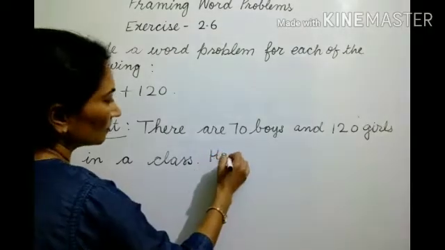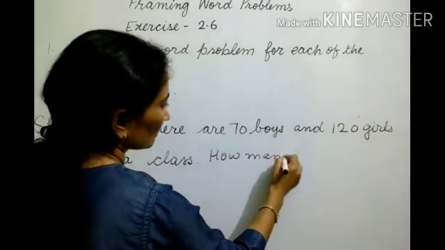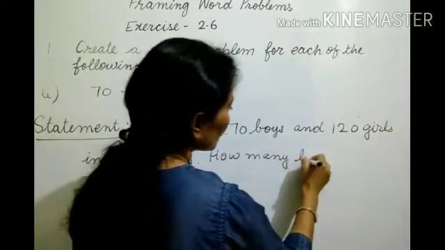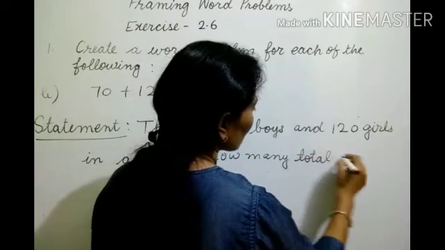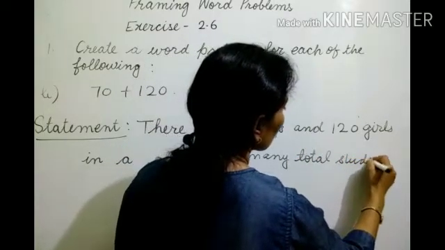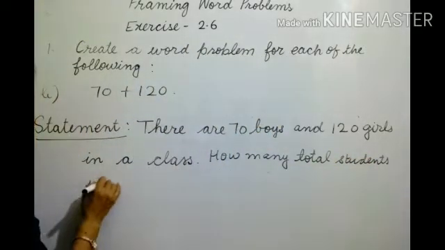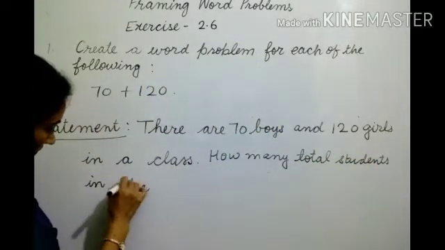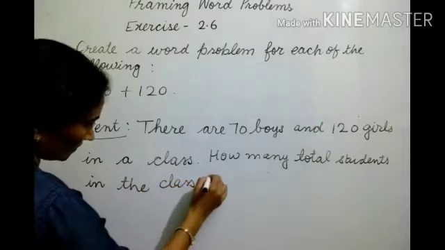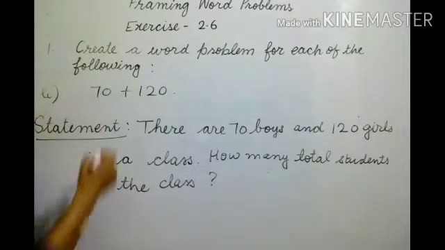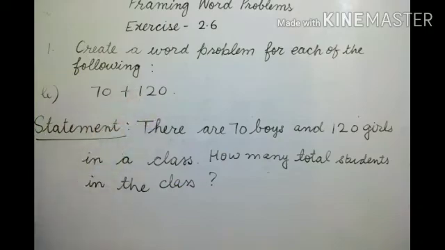How many total students in the class? This is our word problem using the numbers 70 and 120.